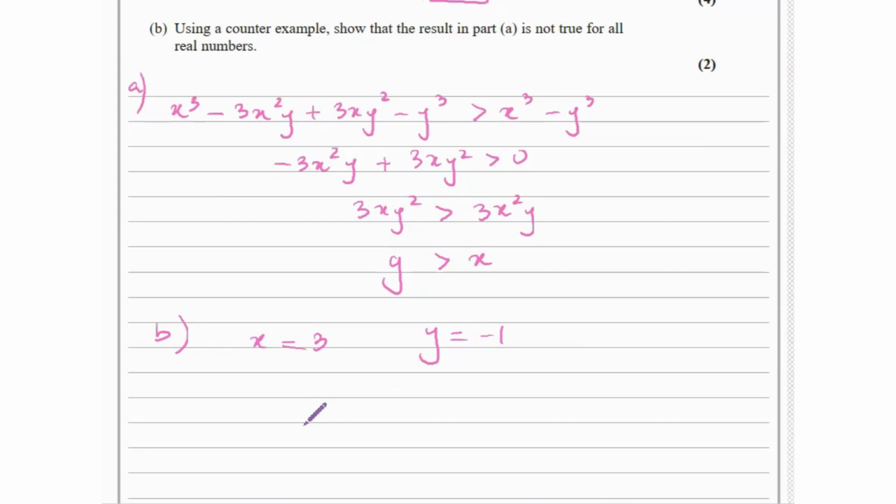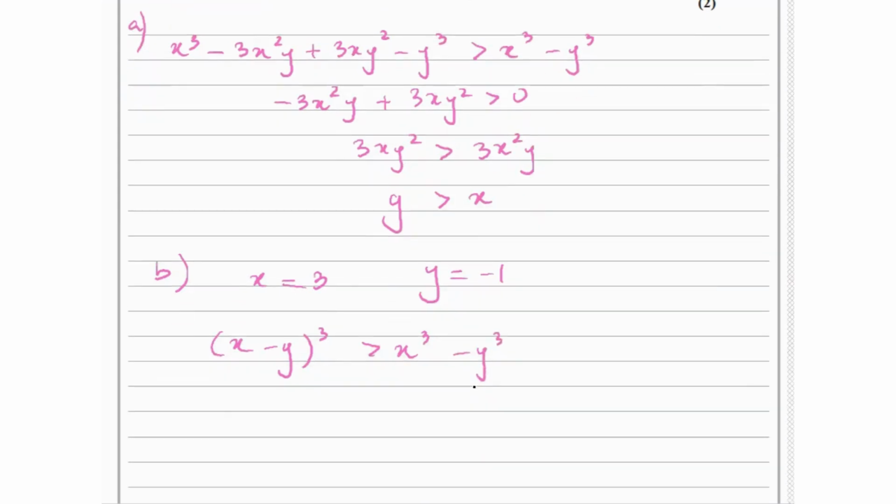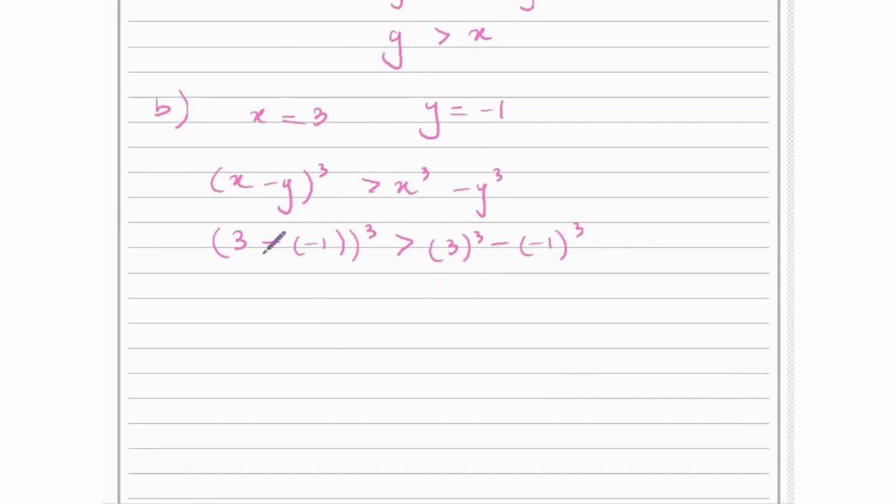So we put in the equation, which was (x − y)³ is greater than x³ − y³. Putting this in, (3 − (−1))³ is greater than 3³ − (−1)³. 3 minus −1 is 3 plus 1, which is 4.